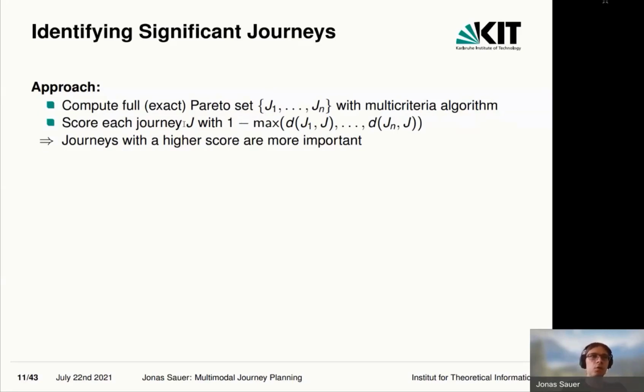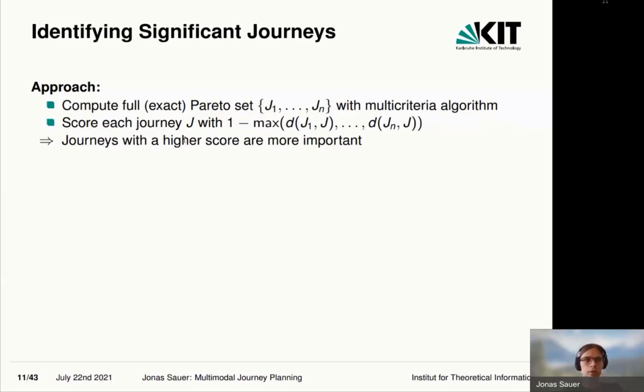We compare J to each journey in the Pareto set and compute the degree of domination. So the degree of domination between J1 and J, J2 and J, and so forth. So for each journey, we compute how much it dominates J, and then we take the maximum of that. So the journey that dominates J the most. And the score of J is 1 minus that degree of domination.